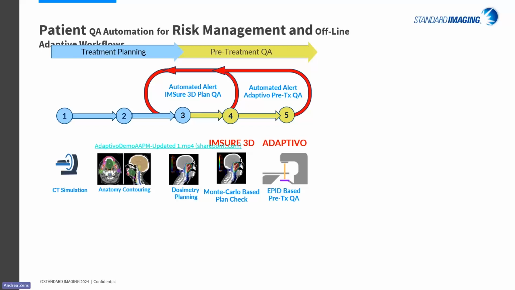Furthermore, it requires no hardware or phantom setup, so pre-treatment QA can be easily performed by therapists with fully automated analysis and reporting. Both iAmSure 3D and Adaptivo have automated analysis, reporting, and email alerts, which empowers physicists to prioritize their time and attention without jeopardizing quality.